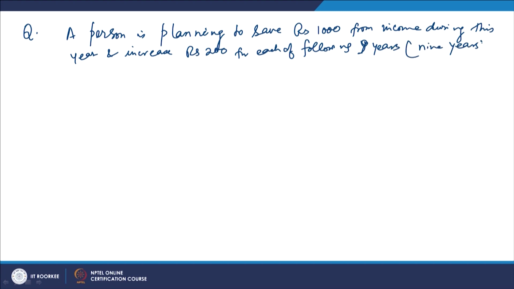As we know, this person is going to save 1000 rupees this year, then next year 1200, next year 1400, like that. So he is going to save 200 rupees more every year. For each of the following 9 years he is going to save, so altogether he is going to save for 10 years, and we would like to know how much he will have saved in the end.